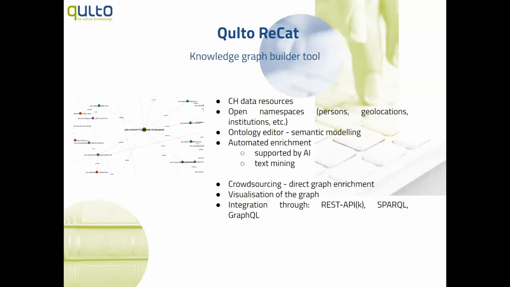It has an ontology editor, so you can process your data, proceed with semantic modeling, and process your data into the graph database. And you can enrich the data with an artificial intelligence tool or text mining.